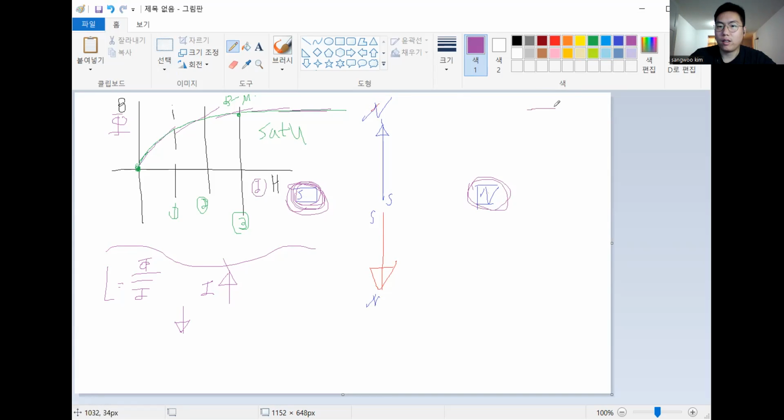This is a steel core, and we wind it with a coil. The current is here.